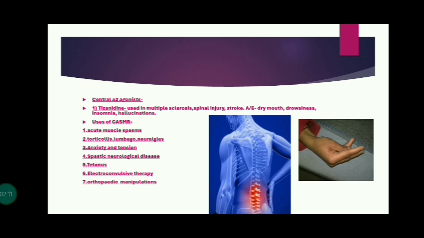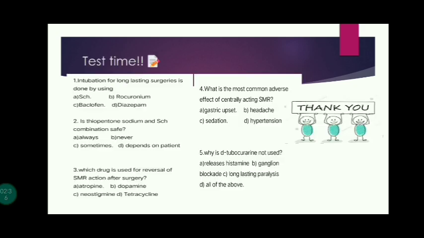Uses of centrally acting skeletal muscle relaxants: they are used in acute muscle spasms and also in painful conditions like torticollis, lumbago and neuralgias. The blue colored skeleton images of lumbago show intense pain in the lumbar region. They are also used in anxiety and tension, and in spastic neurological disease, for example in epilepsy. Also used in tetanus, electroconvulsive therapy and orthopedic manipulations.